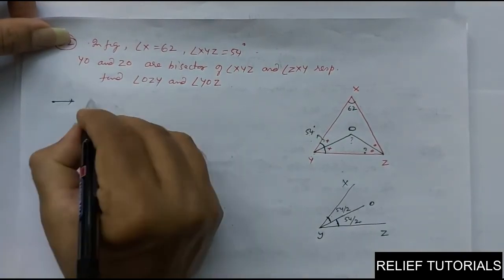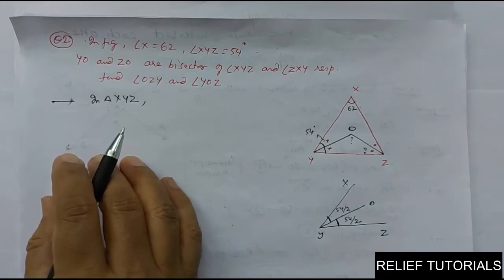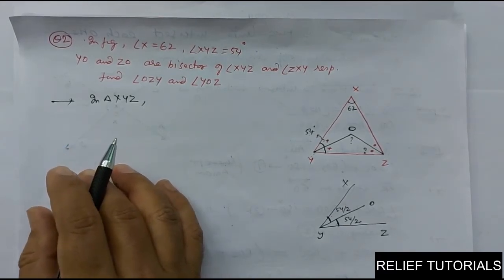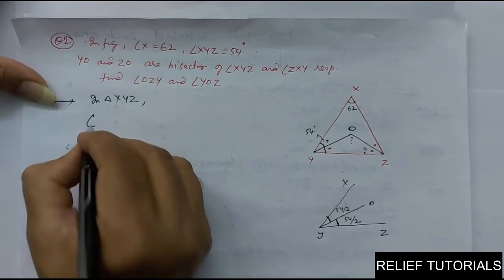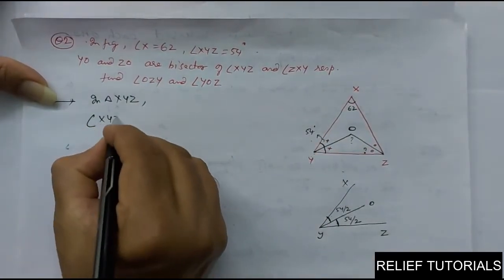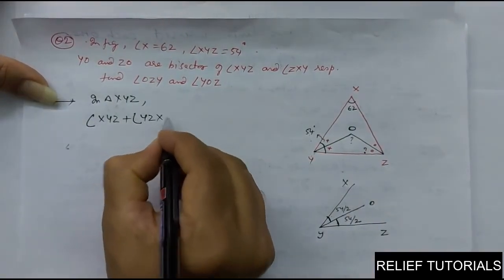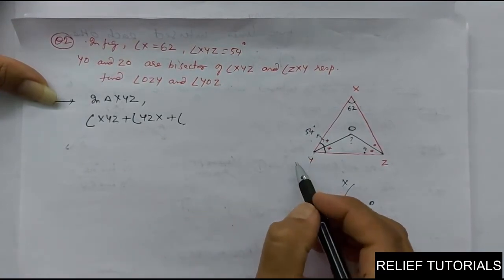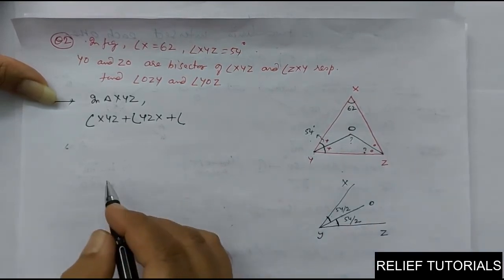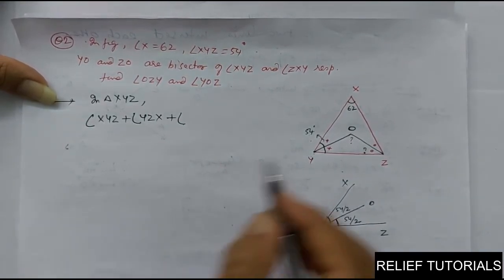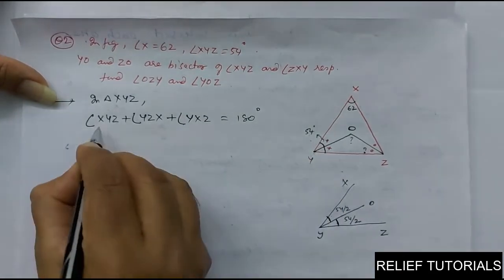So in triangle XYZ, the sum of the three angles of a triangle is 180 degrees. So you can write angle XYZ plus angle YZX plus angle YXZ, or angle X, is equal to 180 degrees.